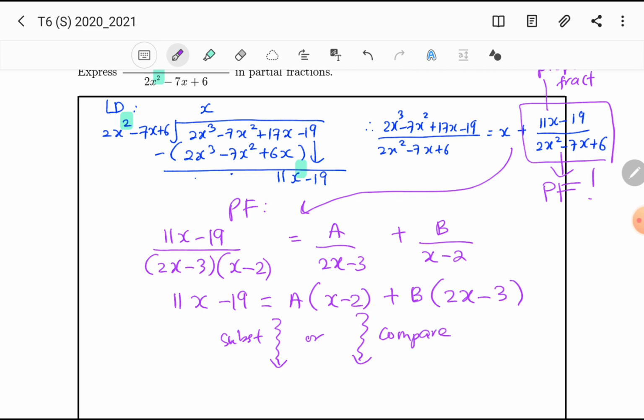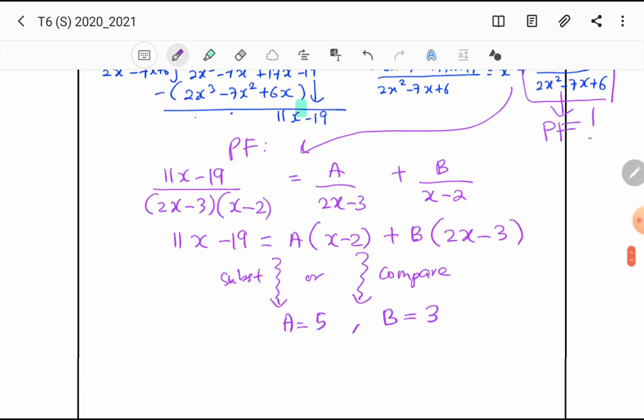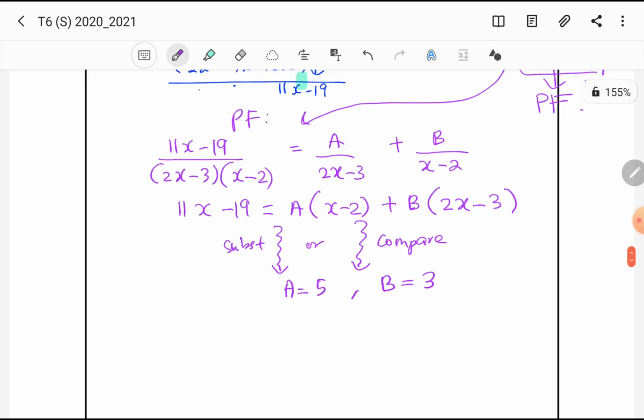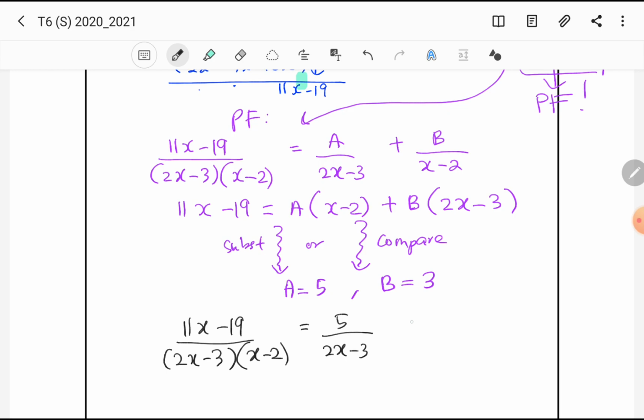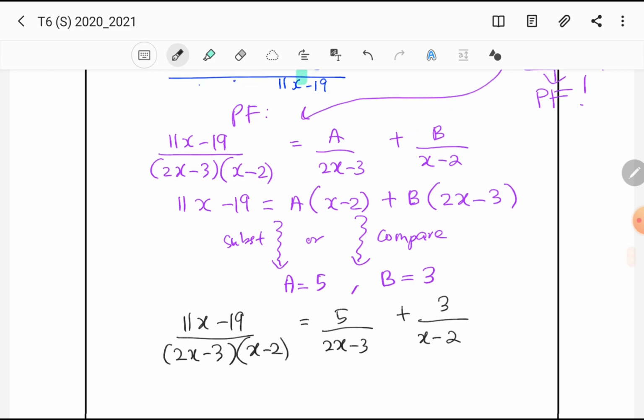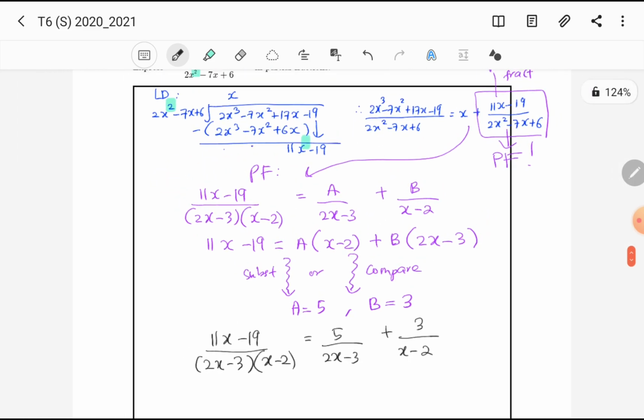Okay, so kita akan dapat a equals to 5, b equals to 3. Meaning that, okay, 11x minus 19 over 2x minus 3, x minus 2 equals to 5 over 2x minus 3 plus 3 over x minus 2. So, ini jawapan untuk partial fraction.